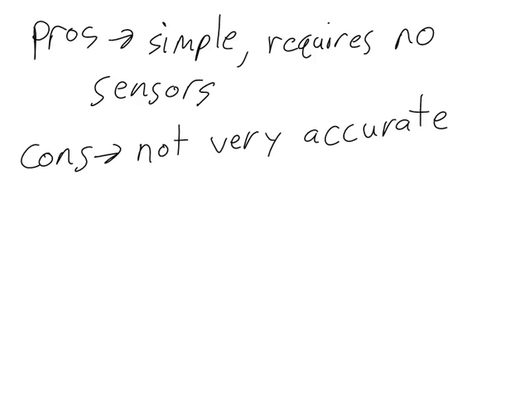But open loop control also has some cons. One is that it's not very accurate. The accuracy of your joint positioning with open loop control depends upon both the accuracy of your timing and the accuracy of your knowledge of the motor velocity constant.